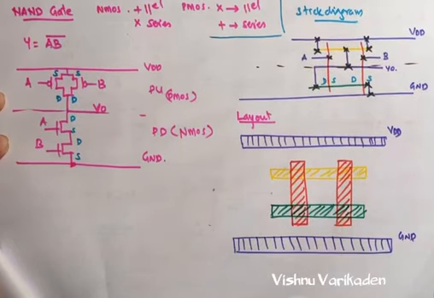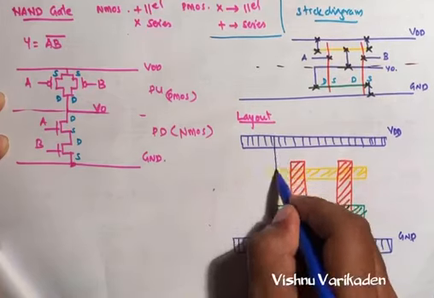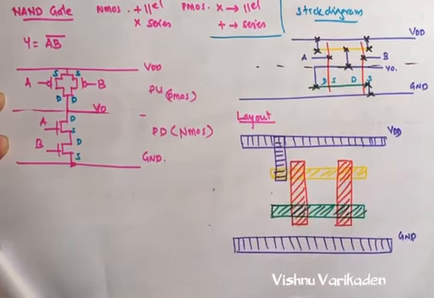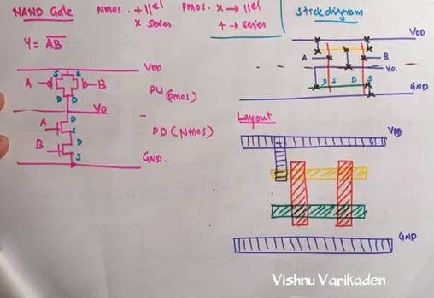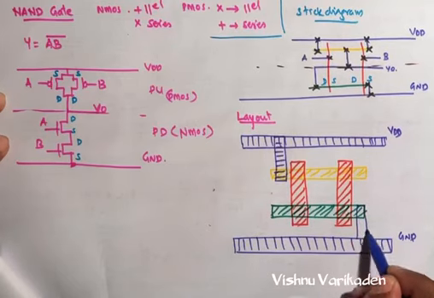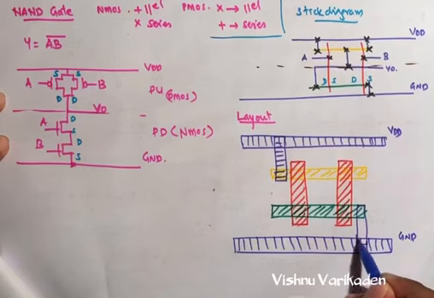So now we can make the metal part. This is one of the metal parts. I think we are using metal one only. We can use 3 and 4. So we can connect this one also to the metal.